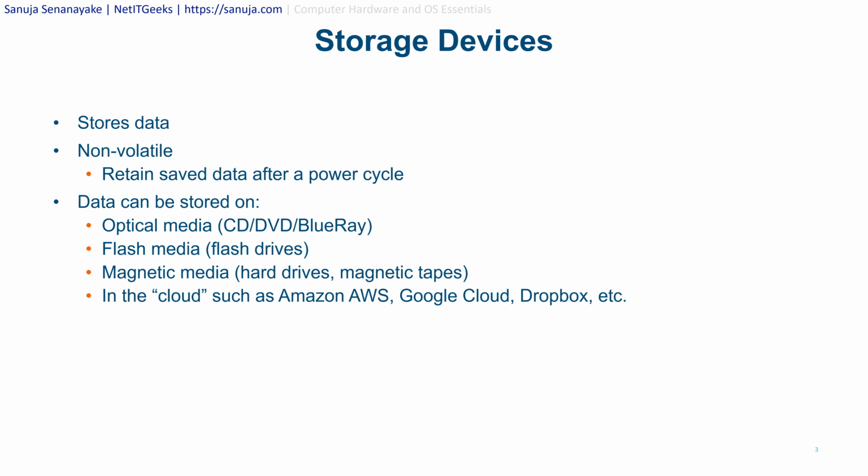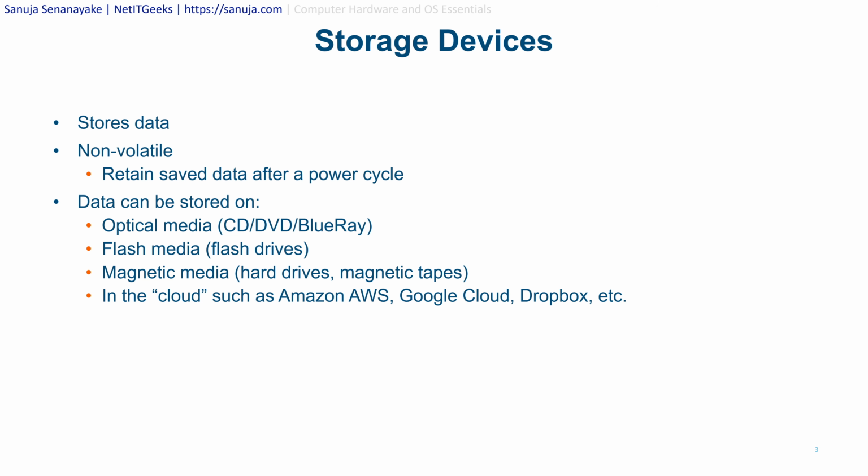But non-volatile memory, which we use in storage devices, retains saved data even after a power cycle or turning off your computer. So you could save a file on your hard drive and shut it down, and you can come back a couple of months or weeks later, and if you boot back up, your information should be there, assuming the storage device has not failed, right? So that's what is meant by non-volatile.